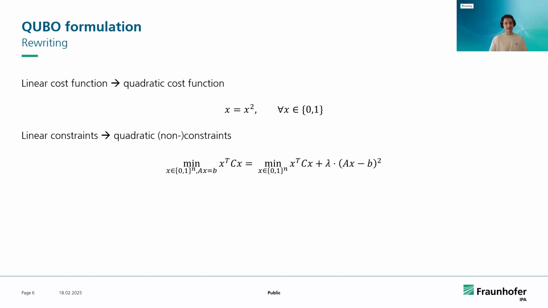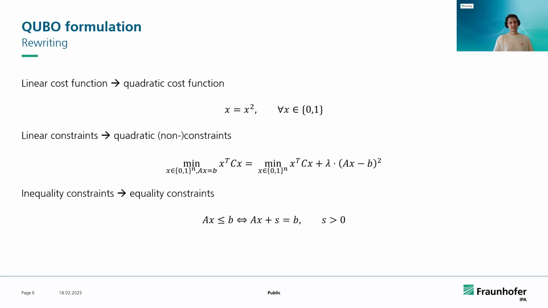In QUBO, we can't have constraints, so we have to somehow add them to the cost function. And also we have to make them quadratic. This can be easily done with this transformation, which though introduces some Lagrange multipliers, which have to be added to the cost function. In this case, we have 4 because we have 4 constraints.